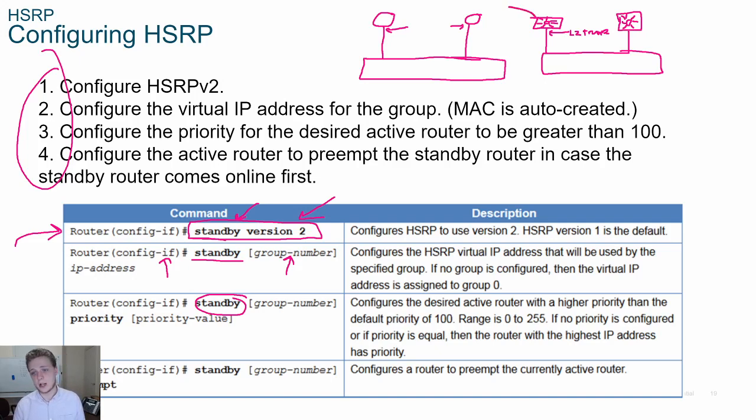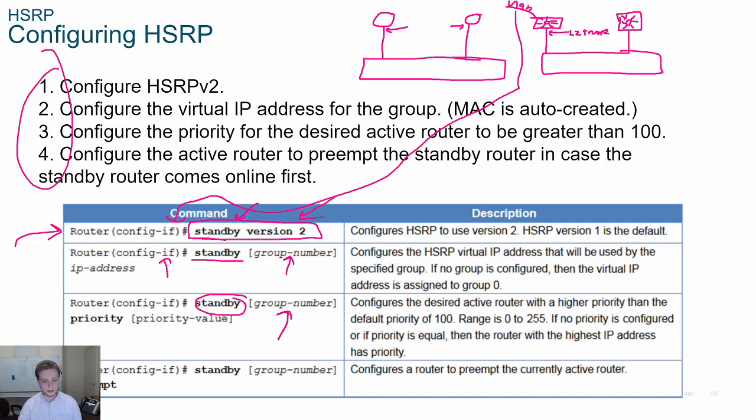So instead you would have a VLAN interface that then you would be in your configuration mode here of your VLAN interface. So just keep that in mind. You can do this on layer 3 switches. For the purpose of this, we're probably going to refer to them as routers, but really any layer 3 device that supports HSRP, obviously you need to support it. But most layer 3 devices would support some type of FHRP.